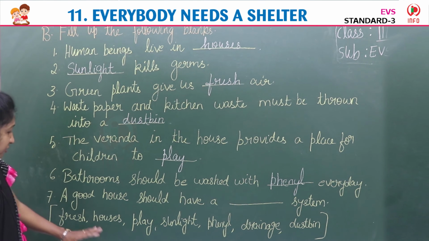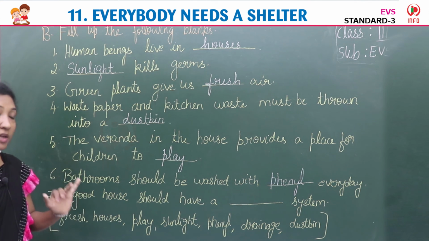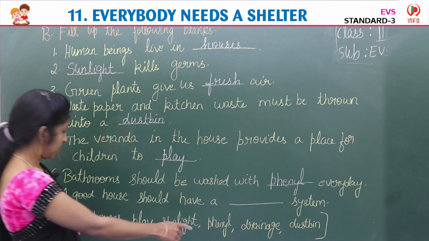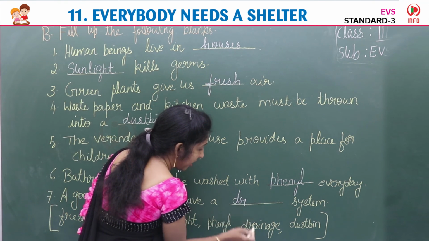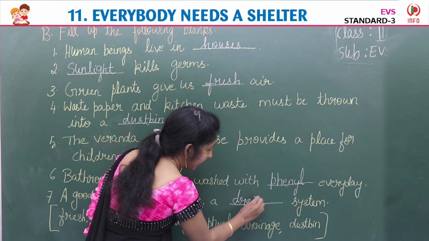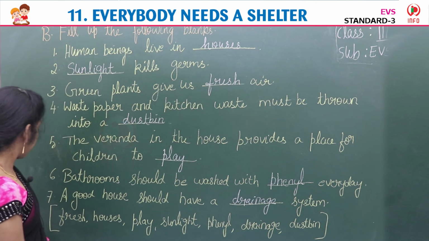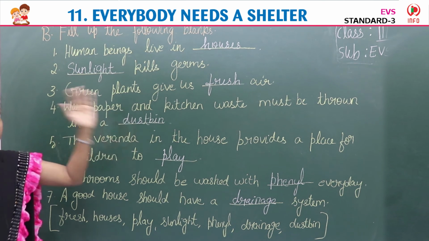What is the word left in the clue kit now? Yes, drainage. A good house should have a proper drainage system. D-R-A-I-N-A-G-E, drainage system.